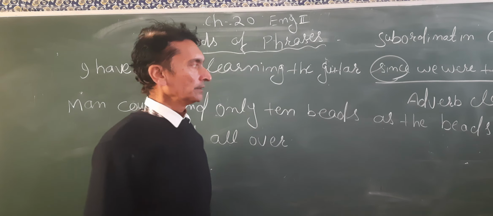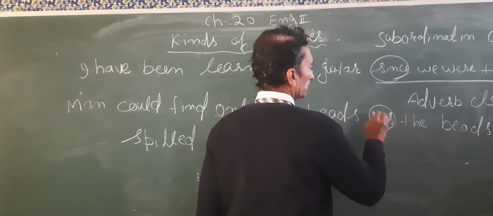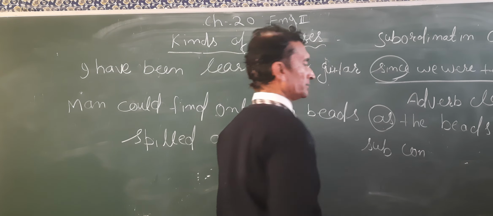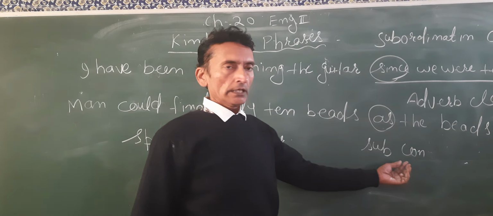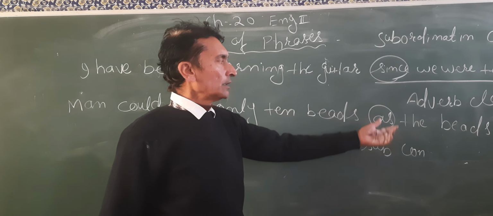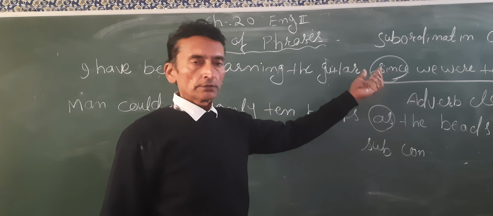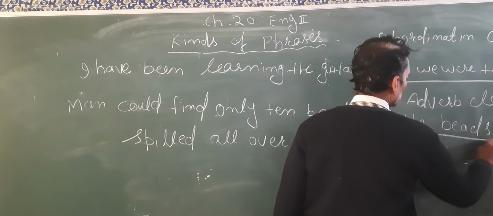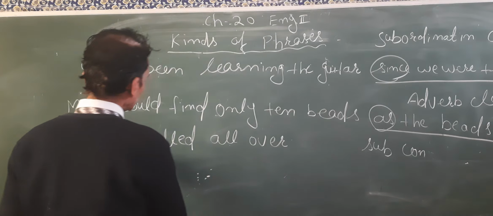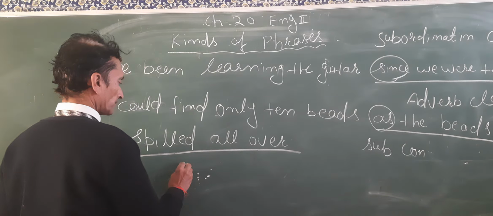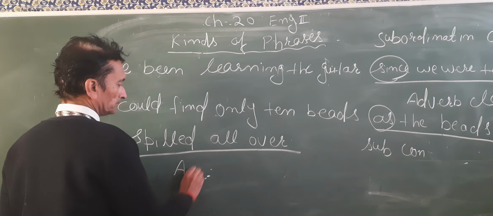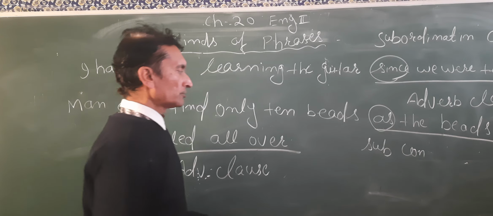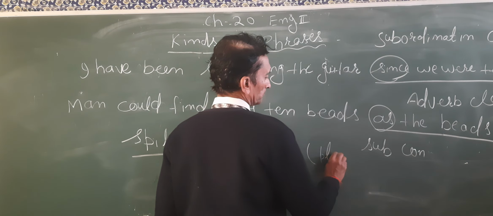In this sentence, as is the subordinating conjunction. Once you are able to identify it, your adverb clause begins with the subordinating conjunction. So now your adverb clause begins from here: as the beads spilled all over. This is the adverb clause. And what is it showing? It is showing place.